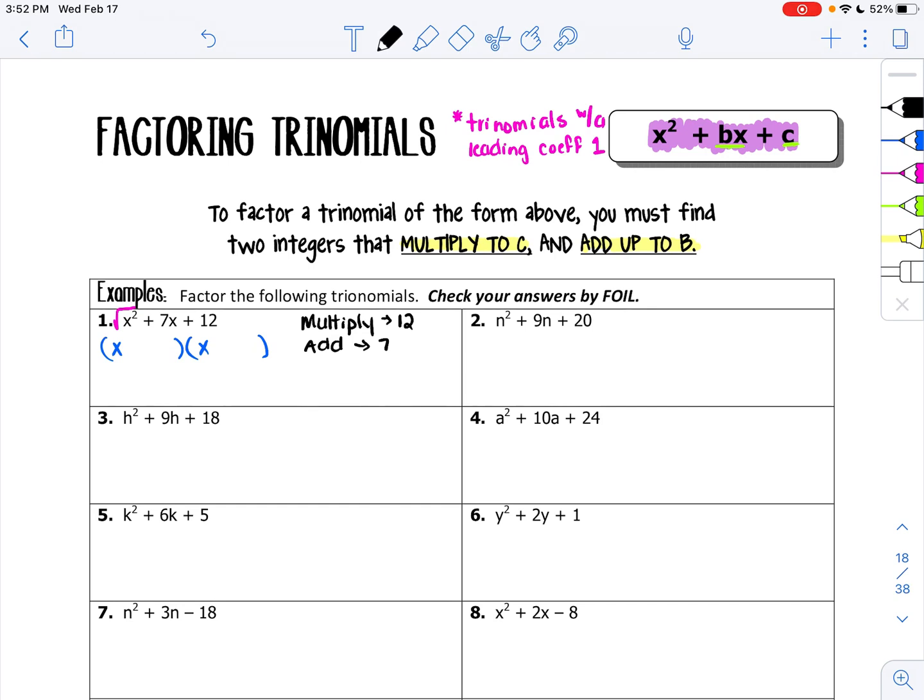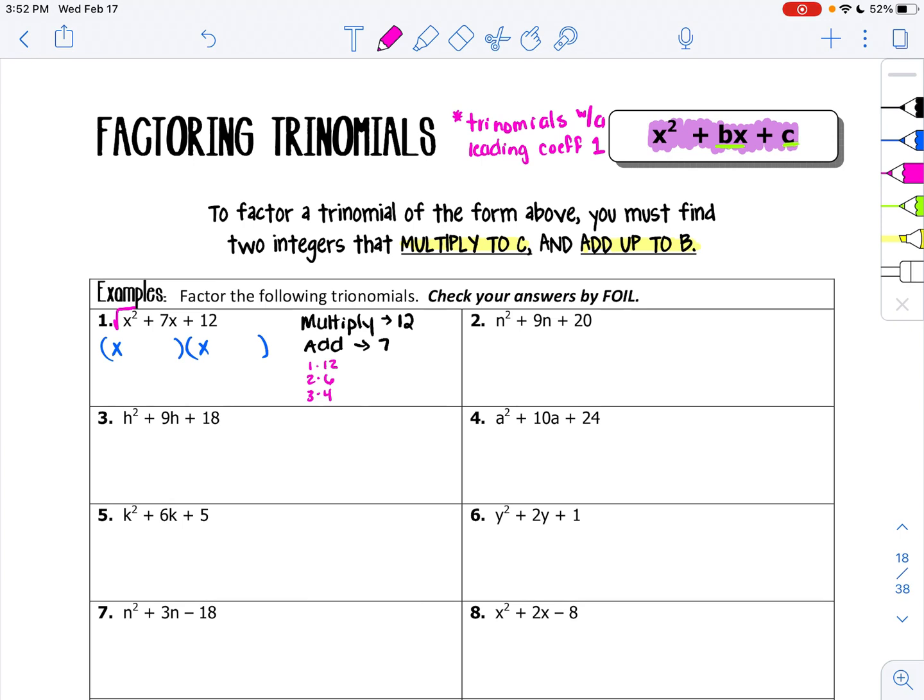So when we think about all of the ways we can multiply to get 12, you can say 1 times 12, you could say 6 times 2, you could say 3 times 4. So of all those possibilities, 1 times 12, 2 times 6, and 3 times 4, they'll all multiply to get 12, but which combination also adds to get 7?